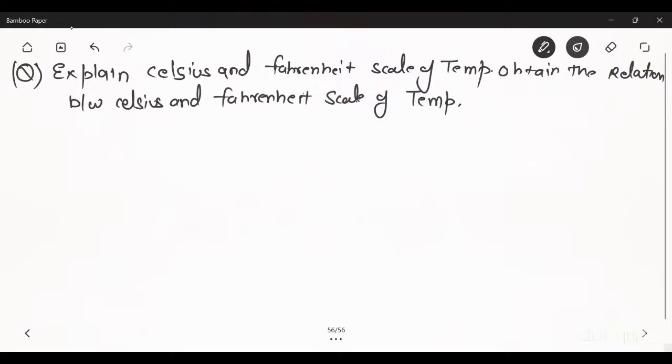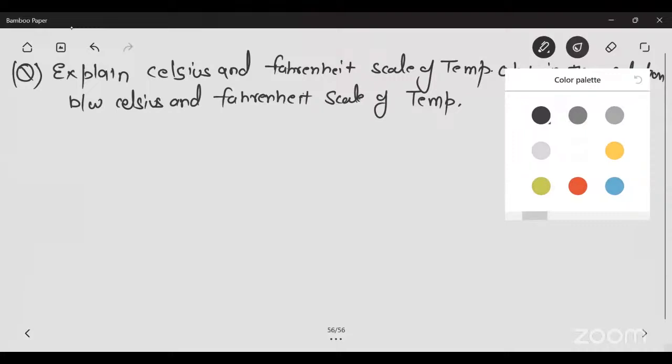I have discussed this topic many times in the class. In the previous question you have also seen the upper fixed point and lower fixed point of the Celsius scale and Fahrenheit scale. And now you will see in this question the relation for temperature conversion from one scale to another scale.